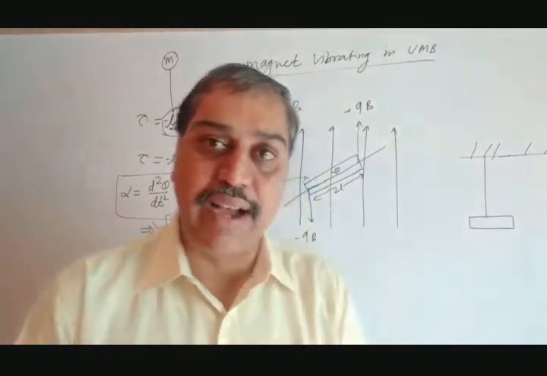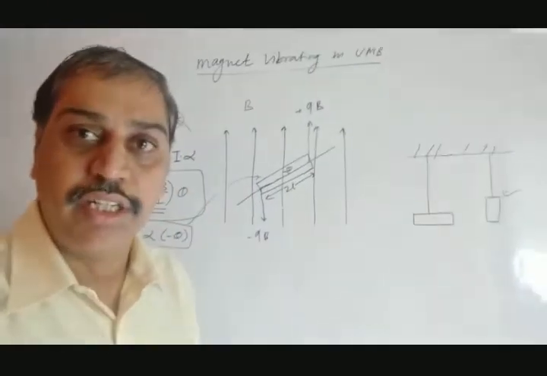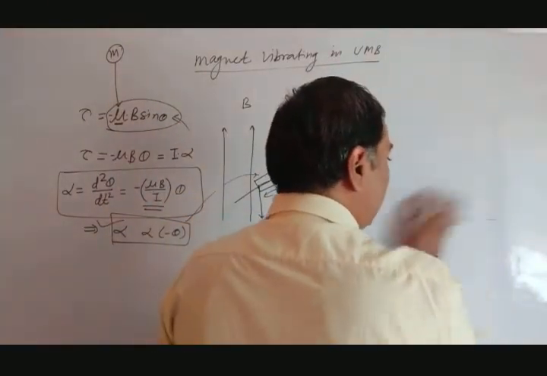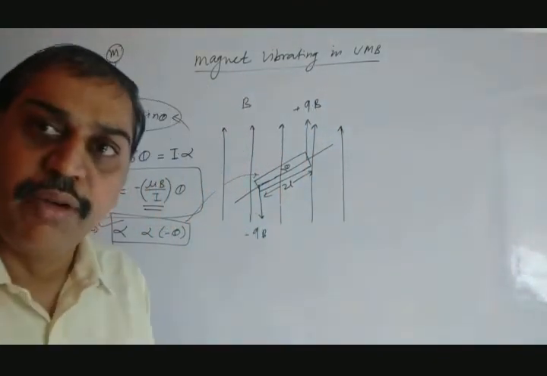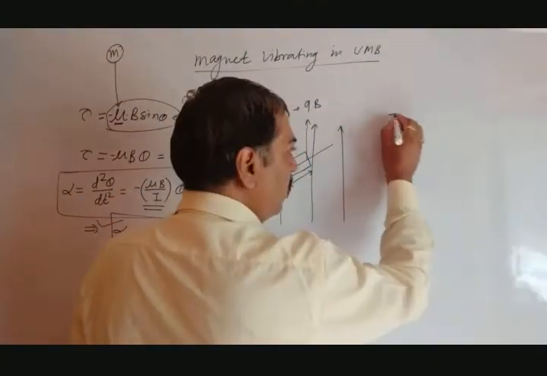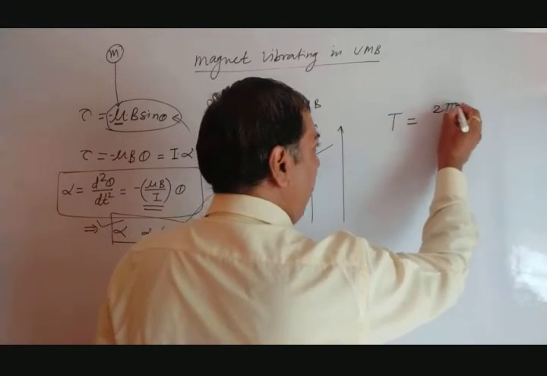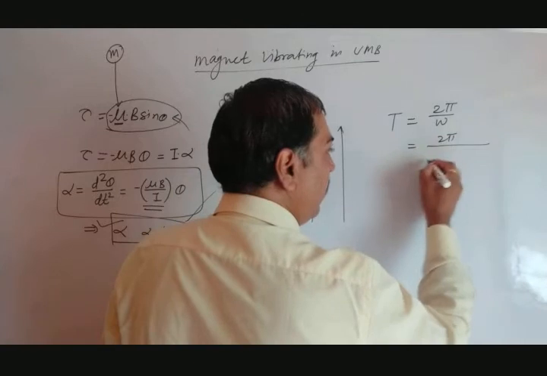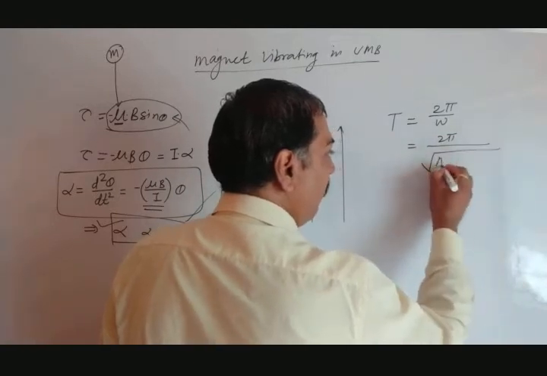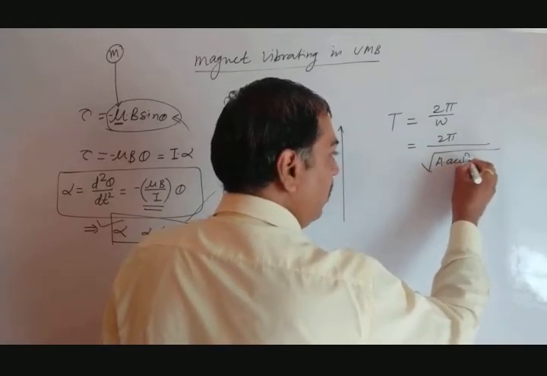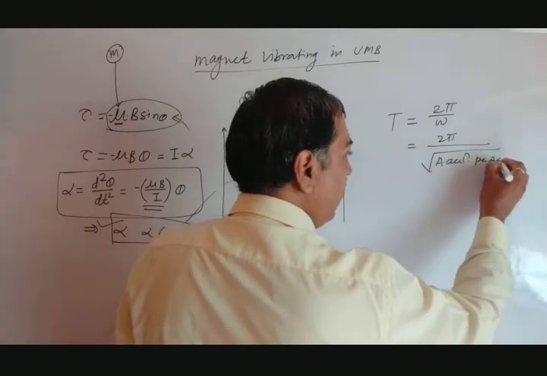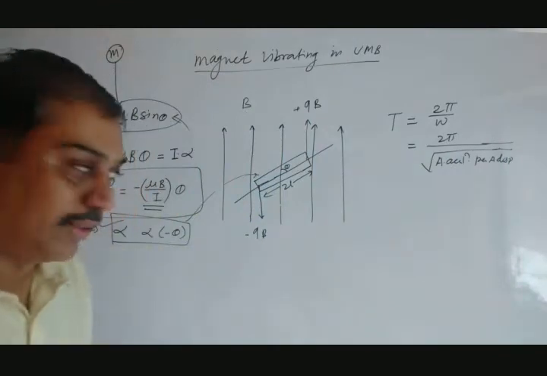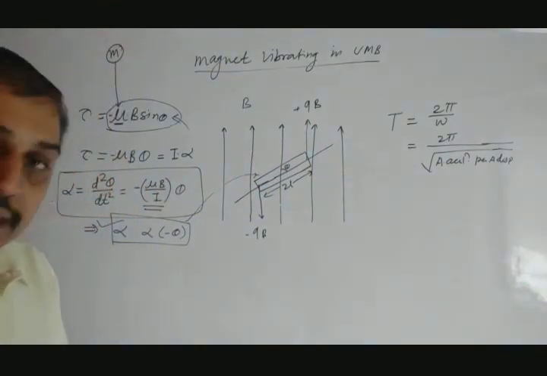Apart from this, you can find the time period as we did initially. Let me write down the time period here. The equation for time period remains the same, only instead of linear we consider the angular motion. So T equal to 2 pi divided by omega, equal to 2 pi divided by the square root of angular acceleration per unit angular displacement.